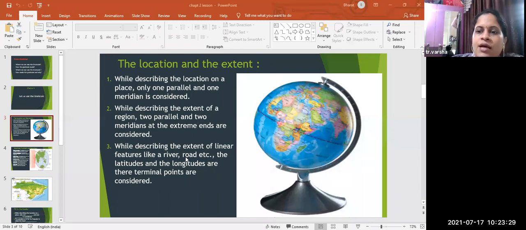So we have to take that parallel and the end of that parallel and the longitude, okay, to consider and we can measure it. The Ganga river is widely spread from this latitude to this longitude. Okay, we'll read about this. We'll see in the next thing.